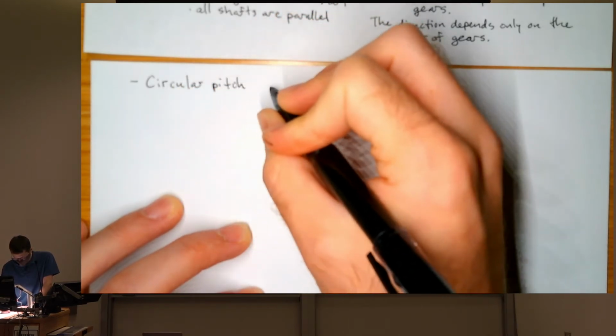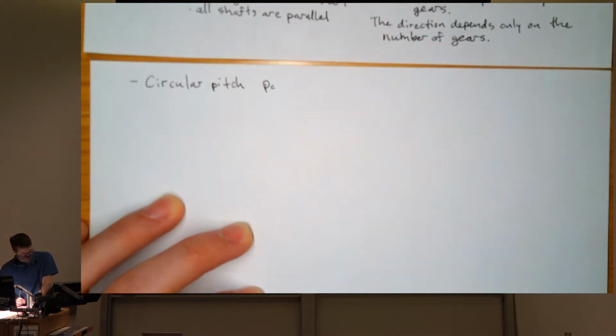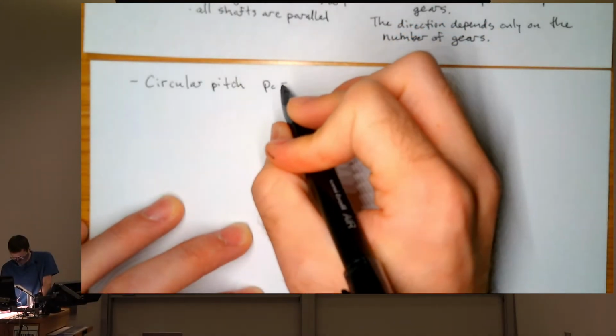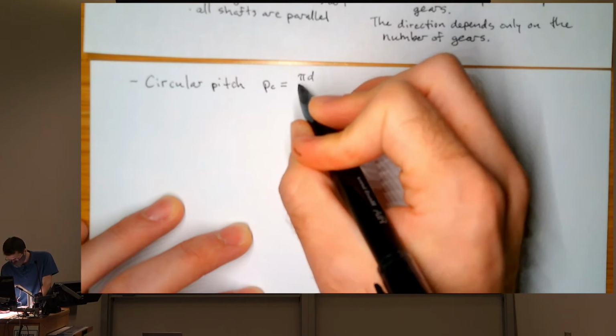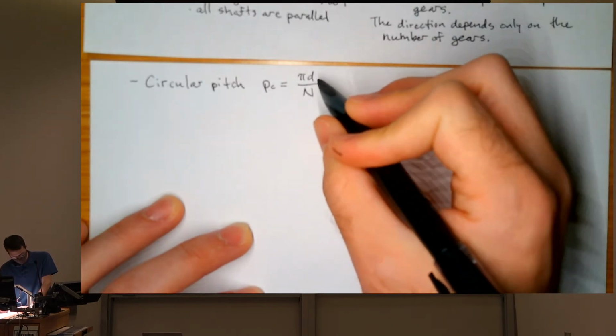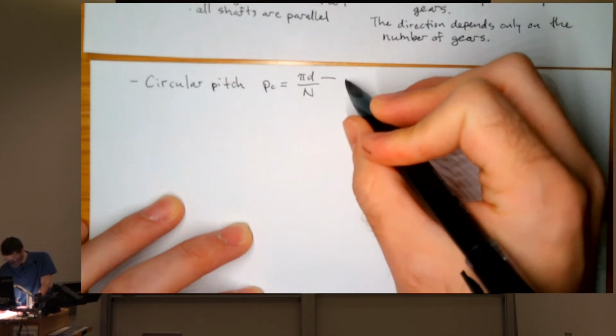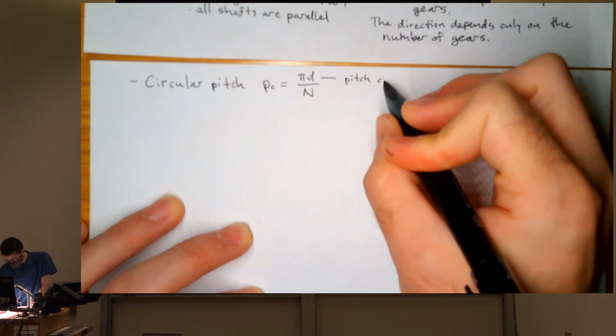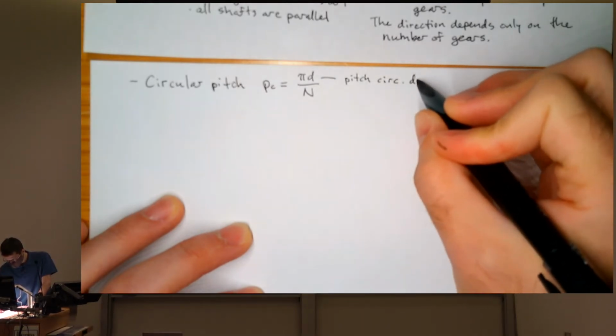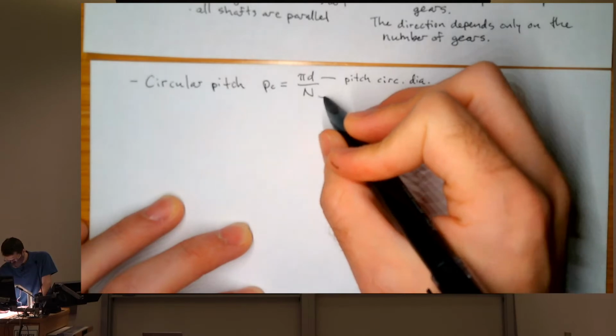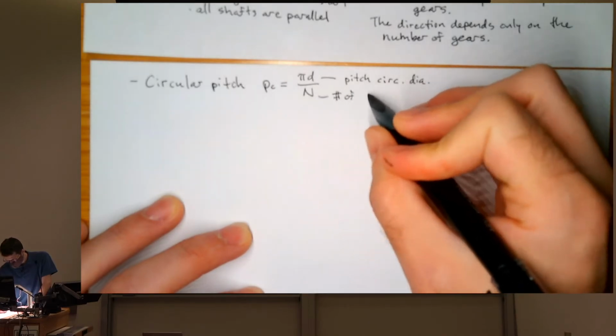This is pc, lowercase pc, which is pi d divided by n, where d is the pitch circle diameter, and n is the number of teeth.